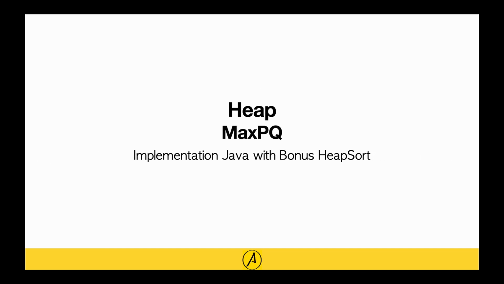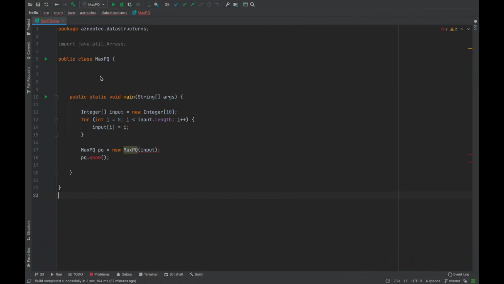So let's go on to the implementation with Java, and also I will give you a bonus on how to do heap sort. Welcome to the coding implementation of my maximum priority queue with the help of heap data structure. With this coding implementation, I'm going to add a bonus: how to do heap sorting, which is a scalable algorithm to sort n elements with a worst case time complexity of n log n.